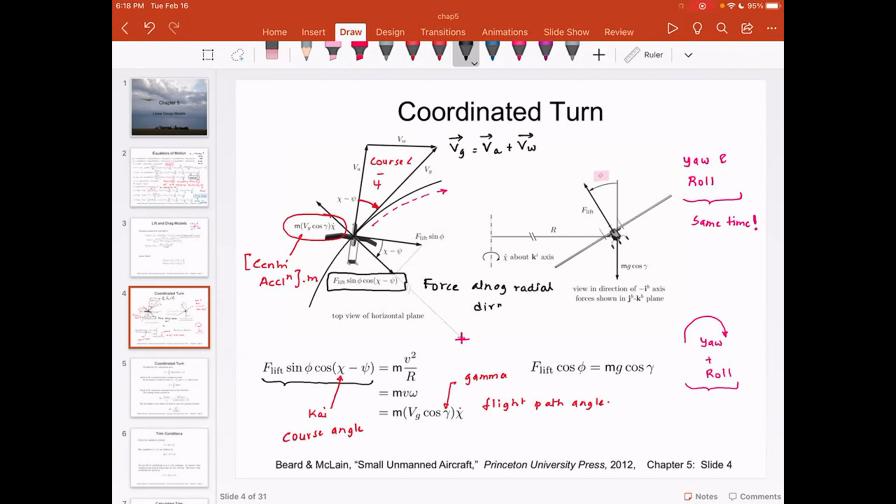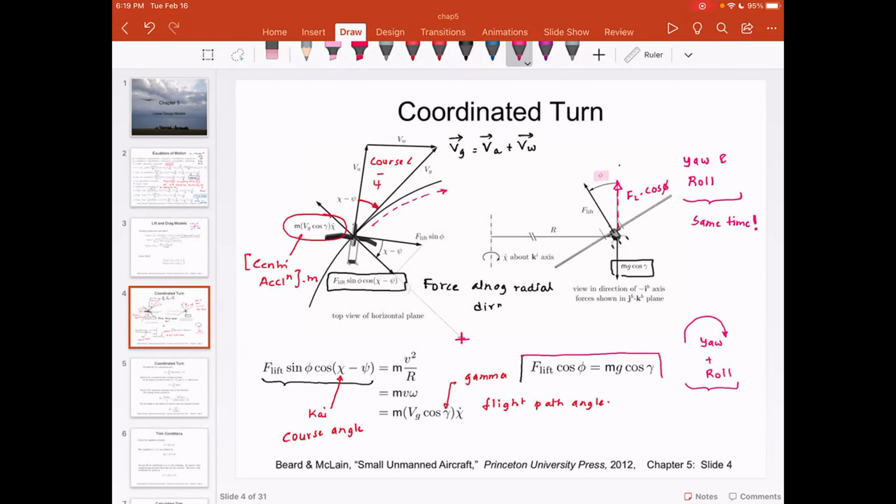And I want you to understand that you are going to have a component of the weight along the z-axis, and that needs to be compensated by the component of lift. So the component of lift is going to be F lift multiplied by cosine phi.